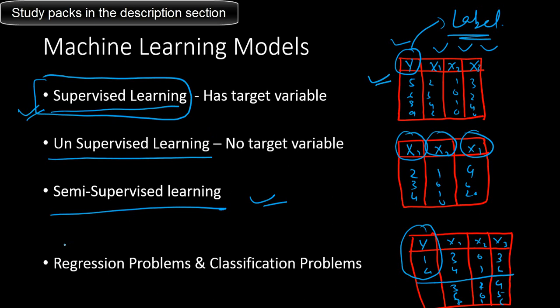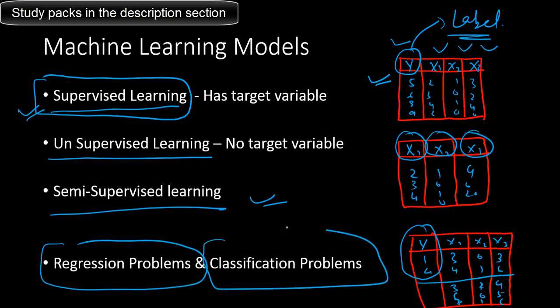Supervised learning can be of two types. One is regression, the other one is classification. Those who are familiar with these concepts, I'm sure this is very simple to understand. For those who are not familiar, a regression problem is where your target variable is continuous in nature, whereas a classification problem is where your target variable is categorical in nature.